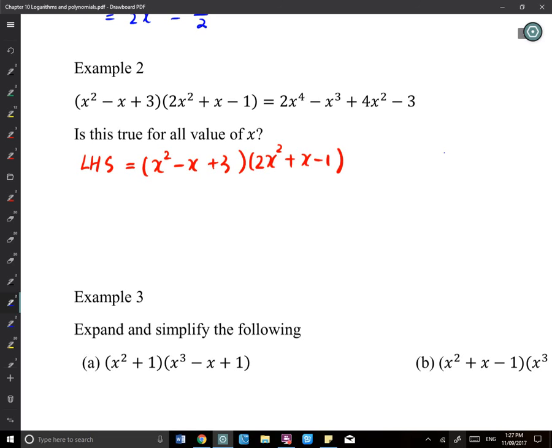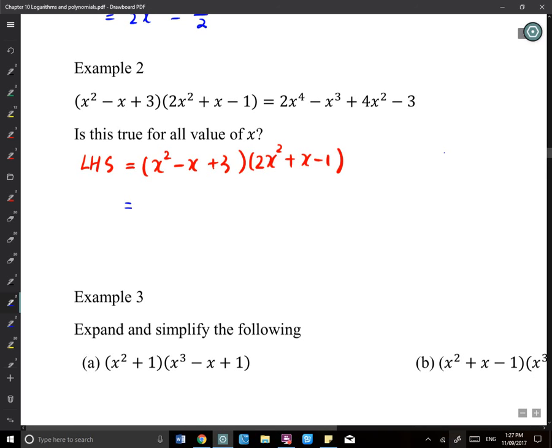So we'll start from left hand side. x squared times that is 2x to the power 4. And this one times the x is plus x to the power 3. And then minus x squared.